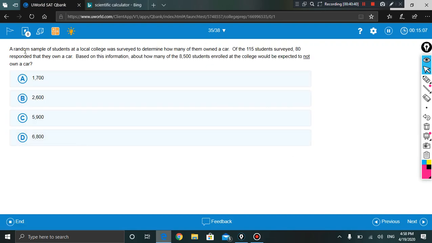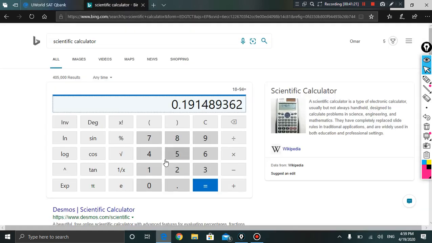Good luck. A sample of students at a local university. So 80 of 115 responded they owned a car, and they're asking about those who do not own the car. So we want the number of people who did not own the car in the survey. But of course that would not be the answer. This is just the first step. So to do that, we can say 115 minus 80.